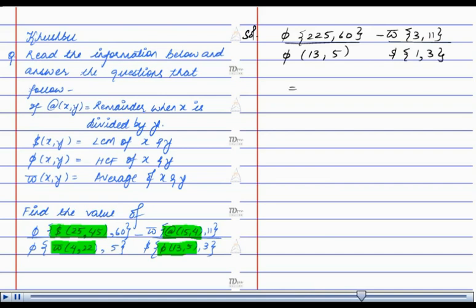Again simplifying, we get the expression as 15 by 1 minus 7 by 3, that is 45 minus 7 whole upon 3, which comes out to be 38 by 3 or 12 2 by 3. This is the required solution. Thank you.